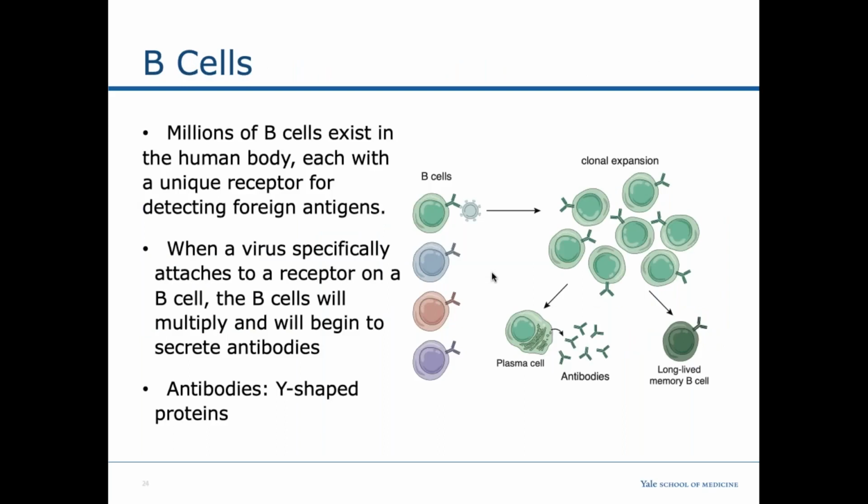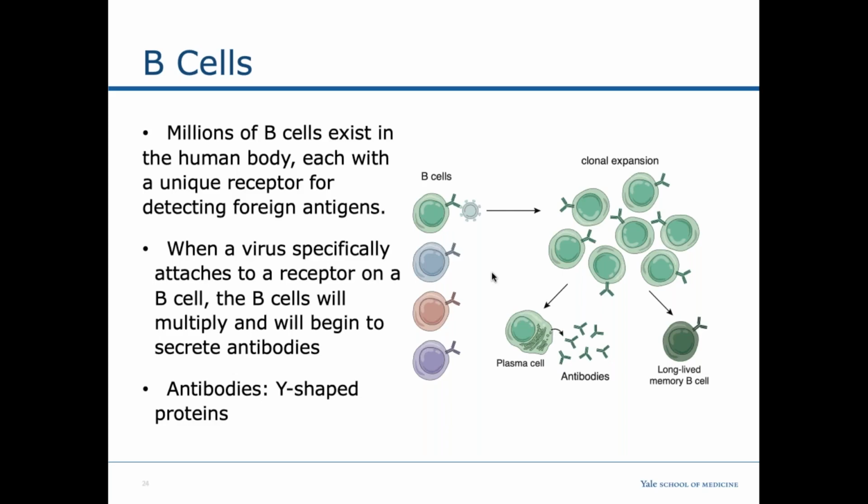We have millions of B cells that exist in our body, each with a unique receptor for detecting a foreign antigen. You can see that little Y shape on the B cell surface, and each of the four shown here have a different receptor. They're very specific for a particular antigen, the thing that's immunogenic. And in this case, we're showing a virus.